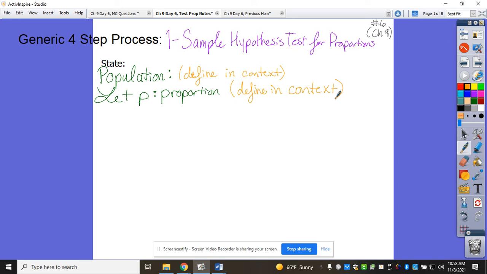What comes right after that? Null hypothesis.